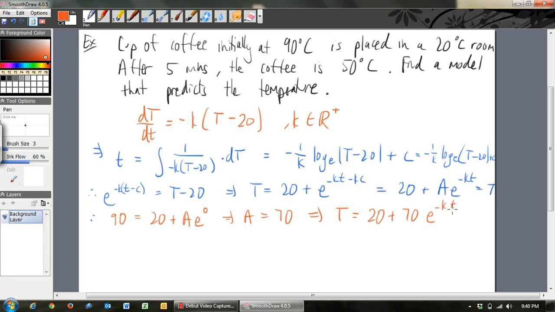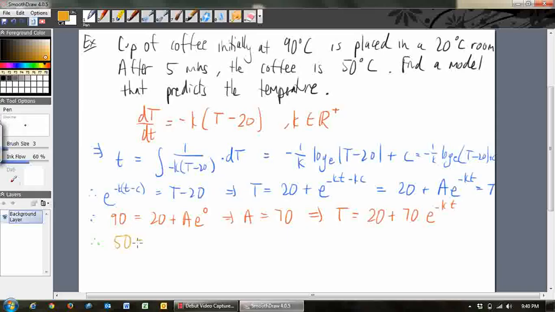And so now we've only got one left to do. Let's find k. Let's substitute in. I'll just change colours. Green's not a very good colour. Pink. So therefore substitute in. Next one, after 5 minutes, so when time's equal to 5, it's 50 degrees.